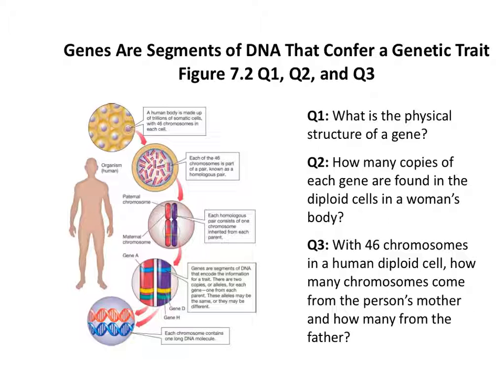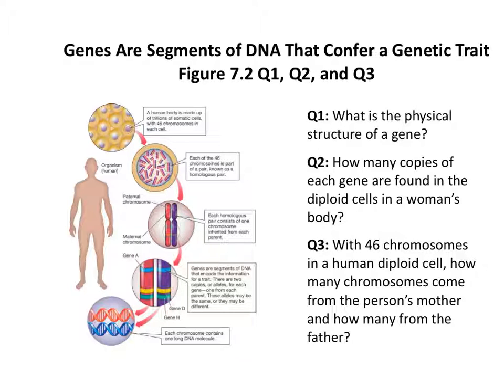Well, a woman is a diploid organism. She makes haploid eggs, but since she's diploid, she will have two copies of each gene. They may be the same copies, the same alleles, or they may be different. She has one from her mom and one from her dad.